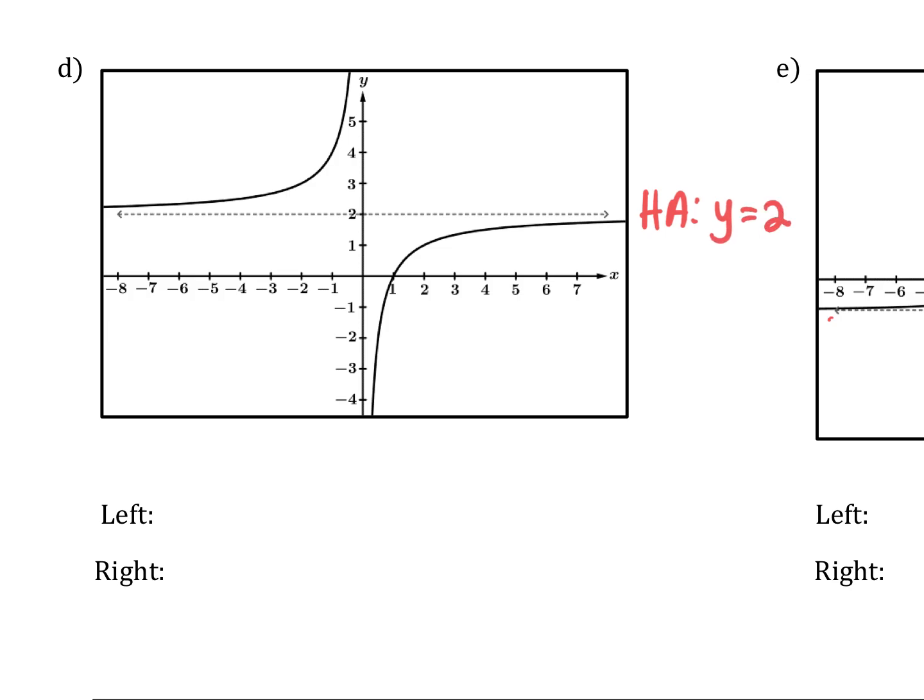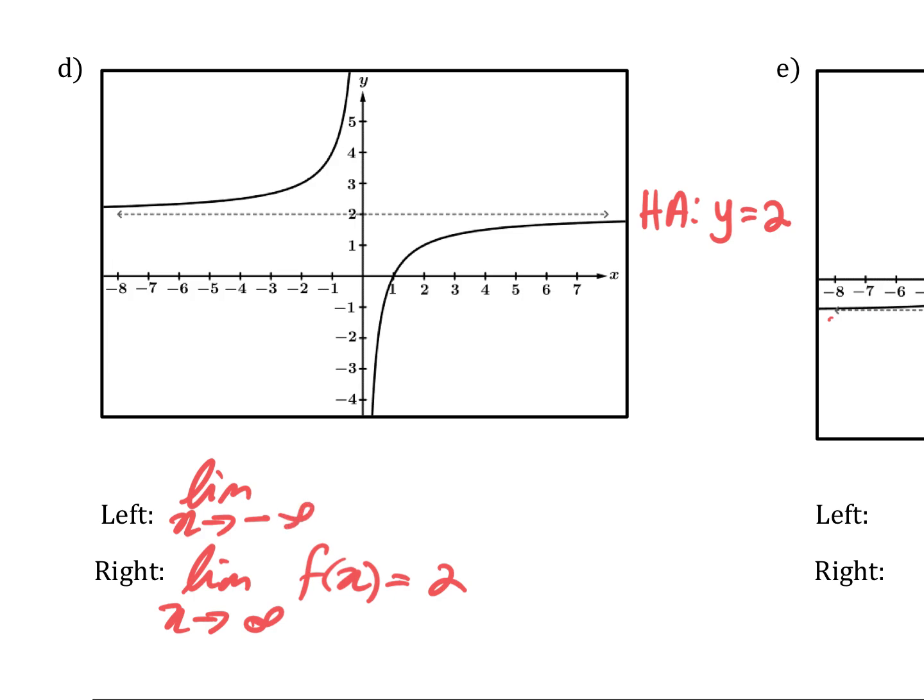So if we're going to state the limit statements, I'll start with the right side: the limit as x approaches positive infinity of f of x is equal to 2. For the left side, I can also say that the limit as x approaches negative infinity of f of x is equal to 2.